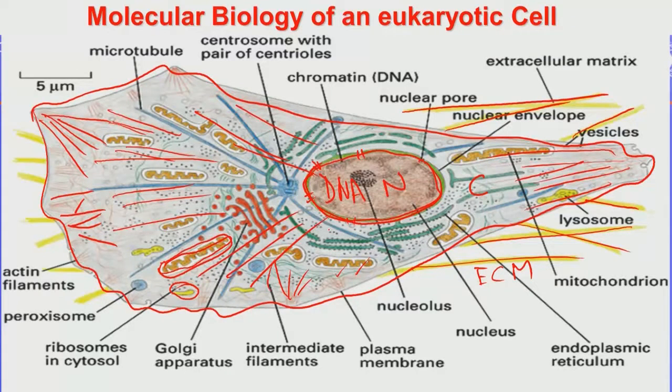One is actin filament, then microtubule, and the third one is intermediate filament. So, I repeat, cytoskeleton in a eukaryotic cell has actin filament, intermediate filament, as well as microtubules.